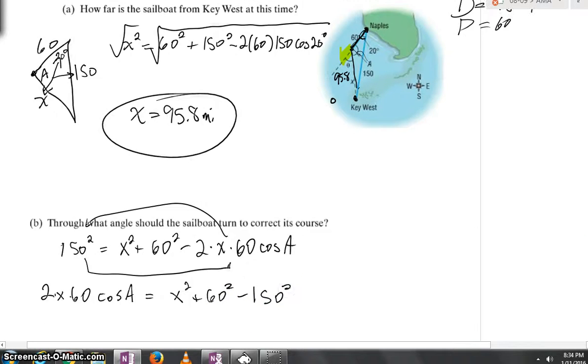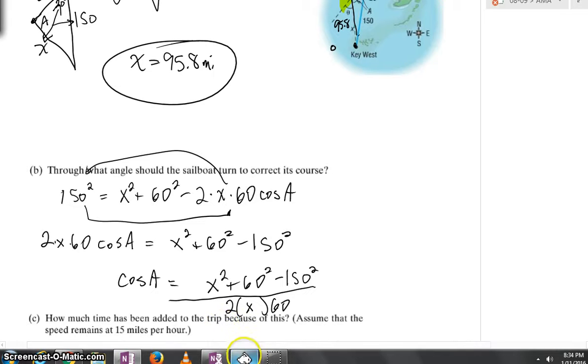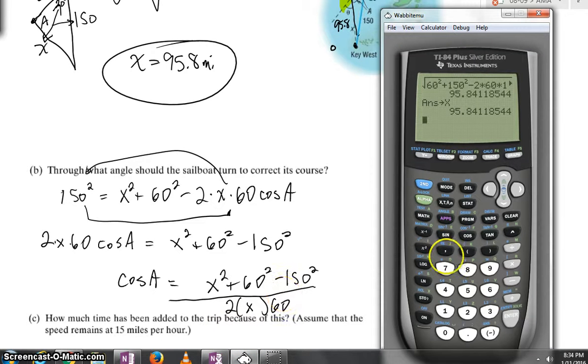And then just doing a little bit of cleaning up, we can say the cosine of A would be x squared plus 60 squared minus 150 squared, all over 2 times x times 60. And notice I didn't even do 2 times 60 is 120 to simplify it. In all truth, you don't even have to.